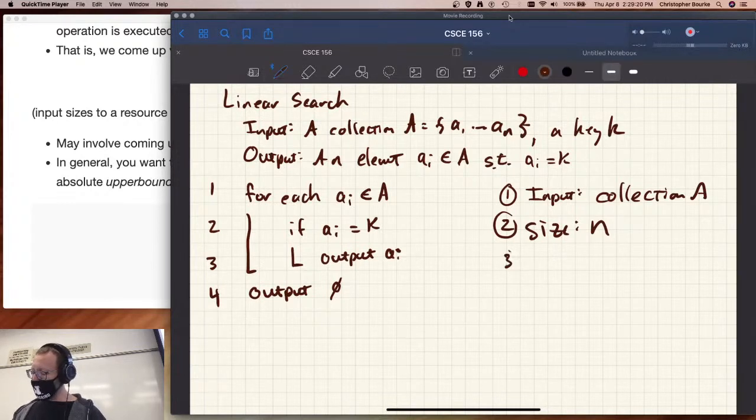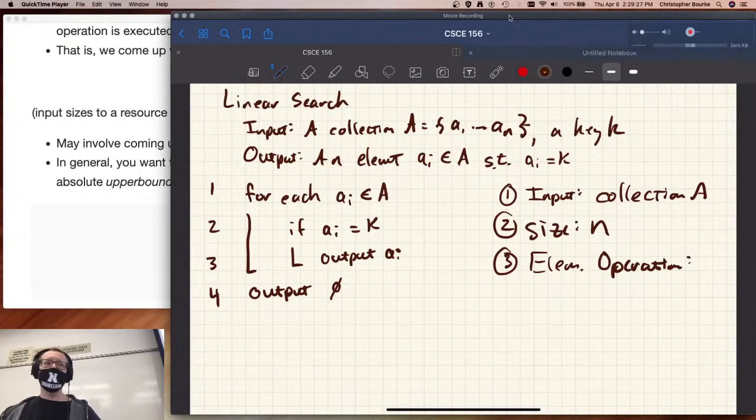Three. What is our elementary operation? And here's where the line numbers are going to come in and help us. Well, I do have a for each loop, and there is some cost to iterate over the collections. We've seen that cost.